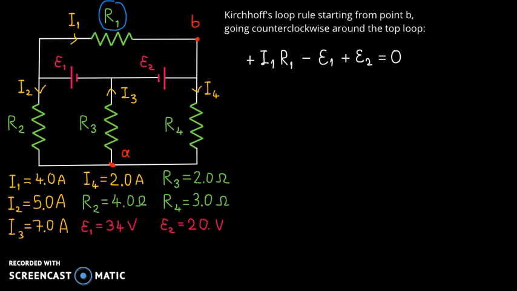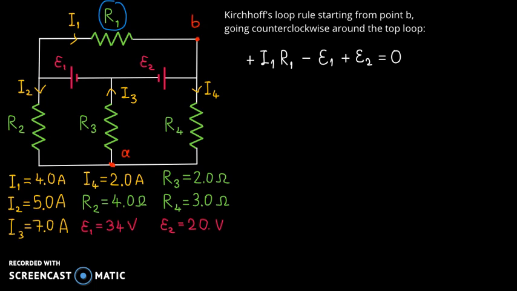Then I turn down on the left-hand side branch. There's nothing. I turn towards EMF1. I cross EMF1 from its positive terminal towards its negative terminal. That's a decrease in potential, and the potential change is minus EMF1.